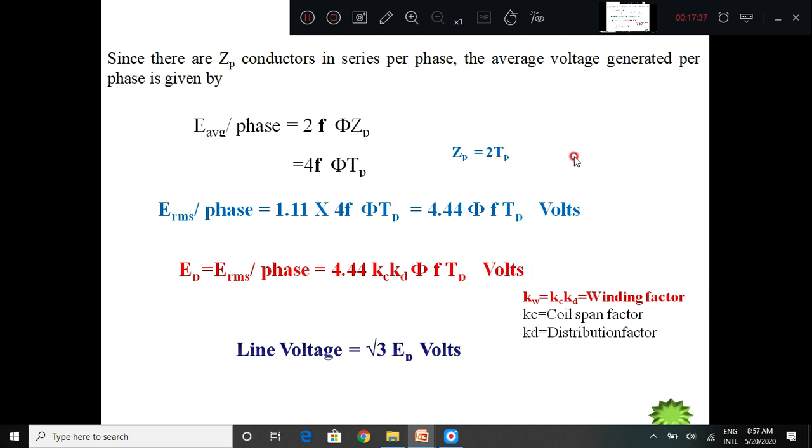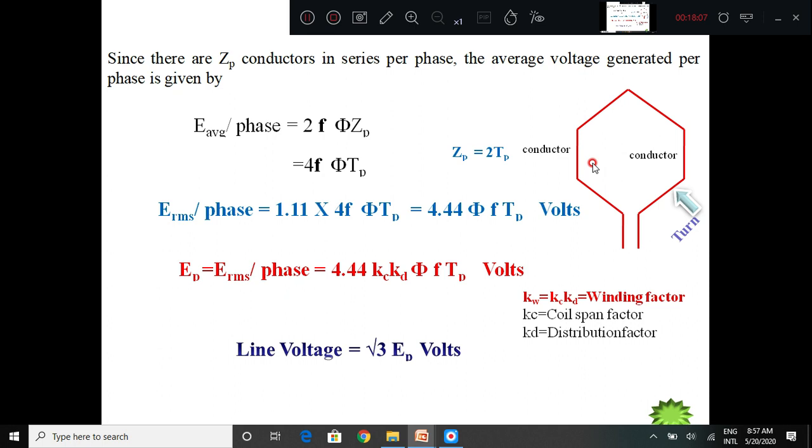Then I am telling you the relation between Zp and Tp. There is one conductor, there is another conductor, so there are two conductors here. If you connect the two conductors, it forms a turn. It is called a turn, that is, a single turn consists of two conductors. You can observe here there are 10 conductors. How many turns do you get? 5.